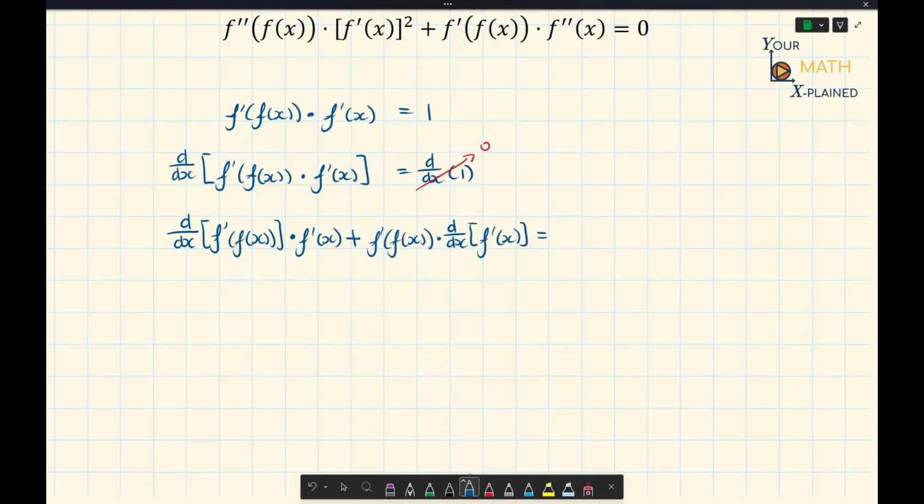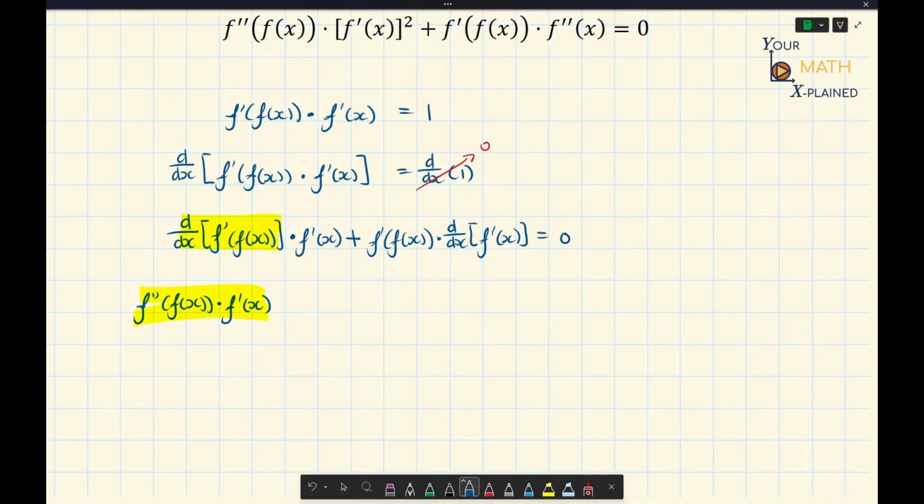And that is going to be equal to 0. So let's take this derivative first. And here we're going to have to use our chain rule. So this is going to be f double prime of f of x multiplied by the derivative of the inside function. So that's f prime of x. So that is that derivative right there.